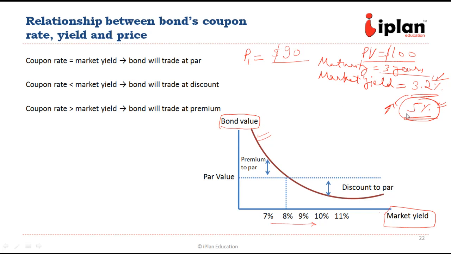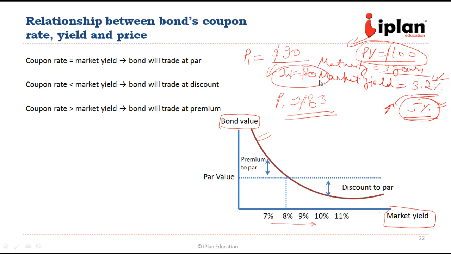So what does it signify? Since the par value is going to be the same, the current value of the bond will change. It will come down to say roughly $83. So earlier we were earning roughly $10 in interest.